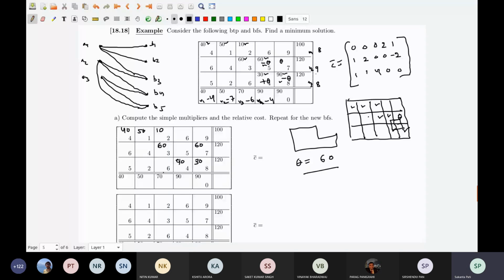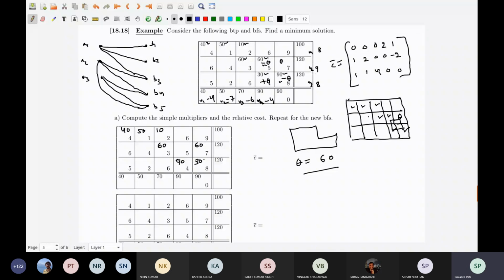Okay. Now you compute C bar. Again, the same way. You put a 0. I have to find something. On the basics, anyway, it doesn't matter actually. On the basic square, you have put a 0. On the basic square, it has to satisfy Cij is equal to ui plus vj.